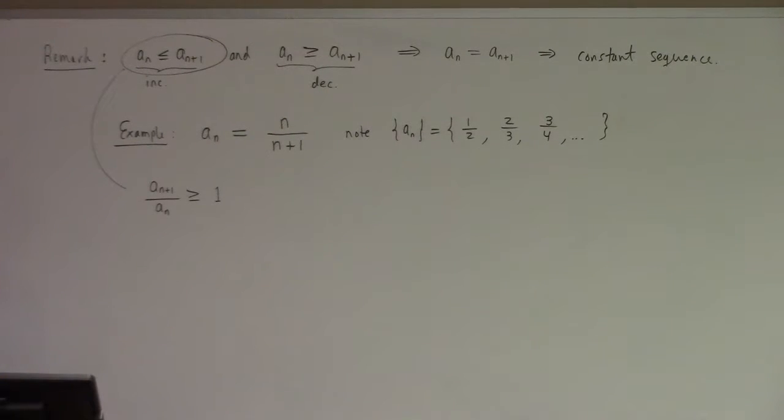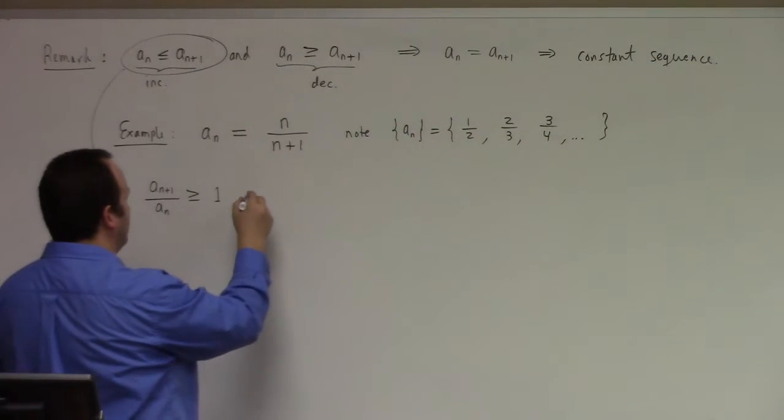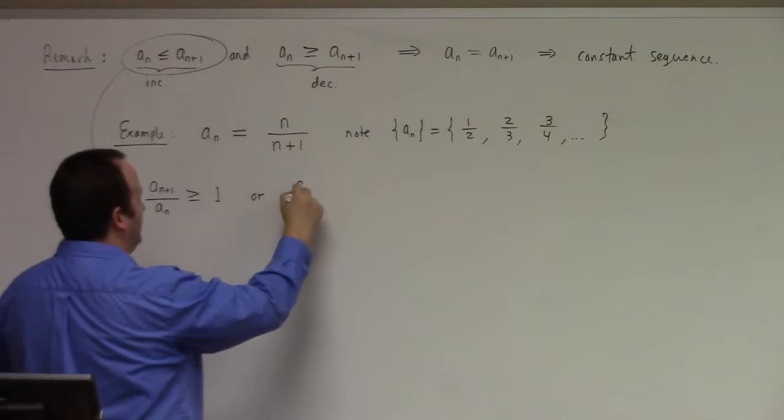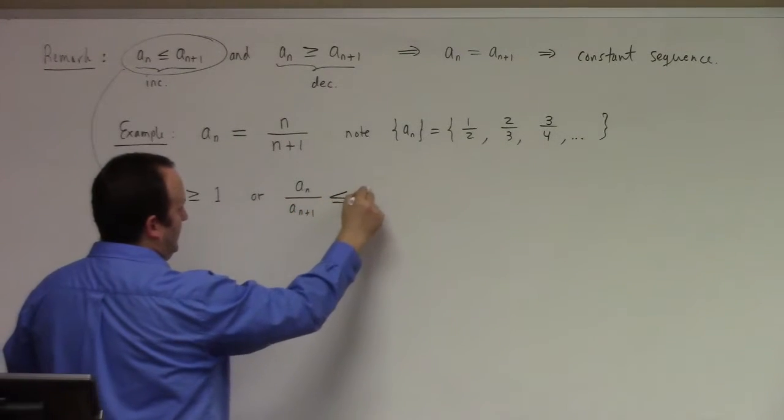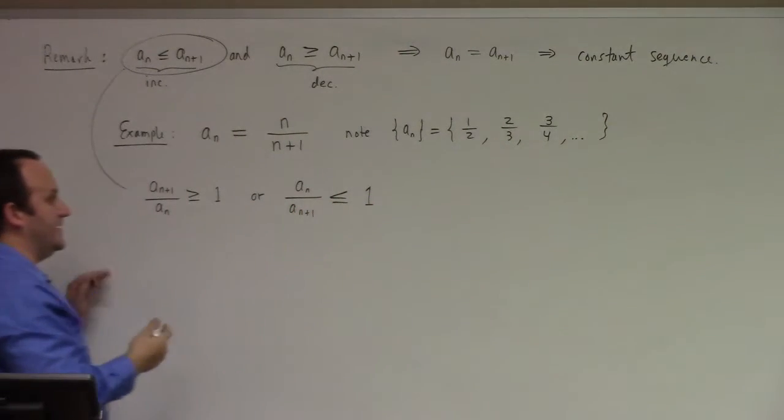So that criteria is the increasing criteria. If we can show the ratio of the (n+1)th to the nth is greater than or equal to 1, or if you don't like that, you could do a_n divided by a_{n+1} is less than or equal to 1. You got choices. So which one do you guys want to attack?